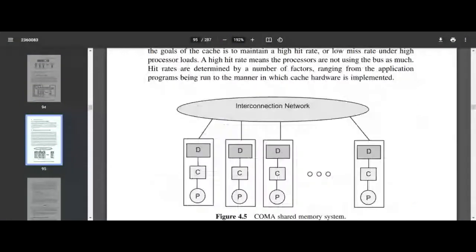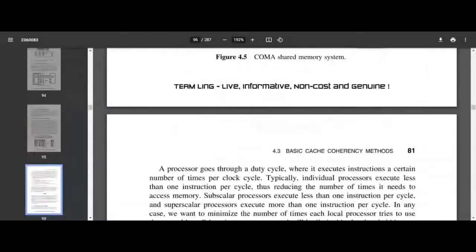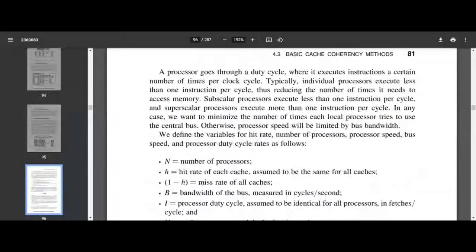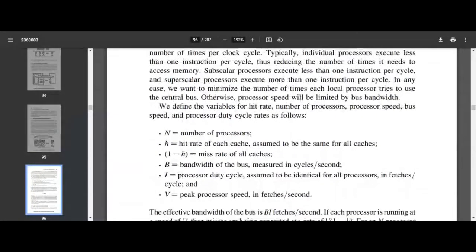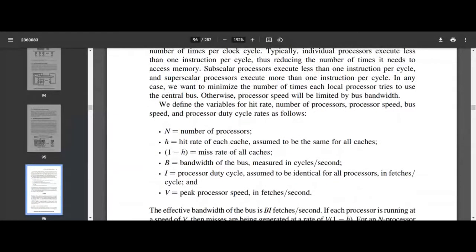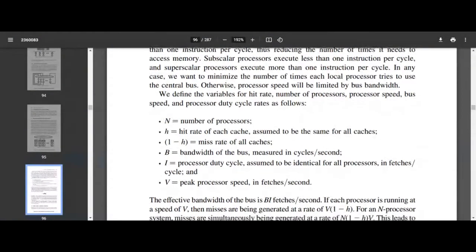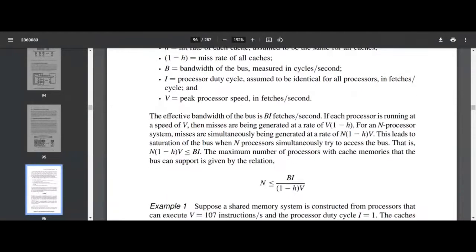If you go to the interconnection bus over here, it is the same diagram as the COMA, however in this chapter we define the variables for hit rate. We have already discussed the hit rate, the number of processors, processor speed, bus speed, and the processor duty cycle as well. So the effective bandwidth of the bus is B fetches per second.